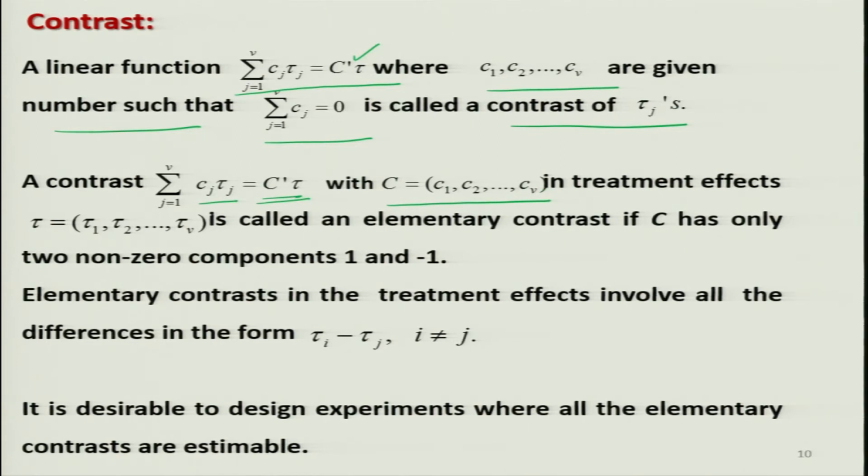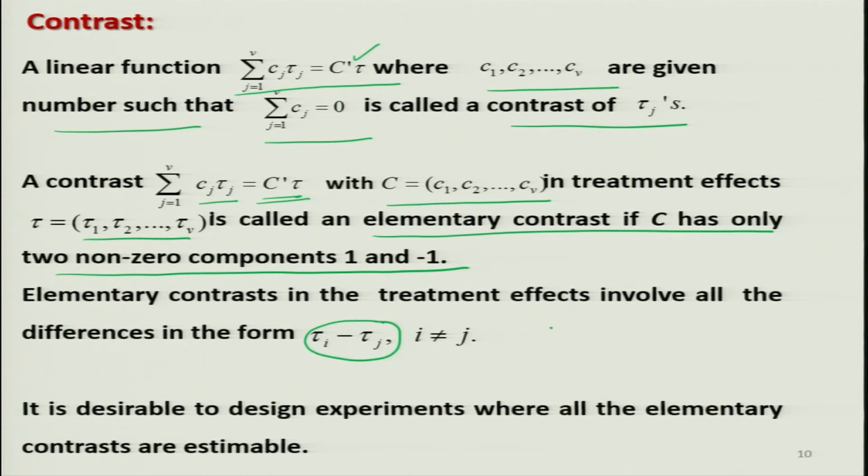In treatment effects tau 1, tau 2, ..., tau v, a contrast is called an elementary contrast if c has only two non-zero components, 1 and minus 1. So the elementary contrasts in the treatment effects are of the form tau_i minus tau_j.